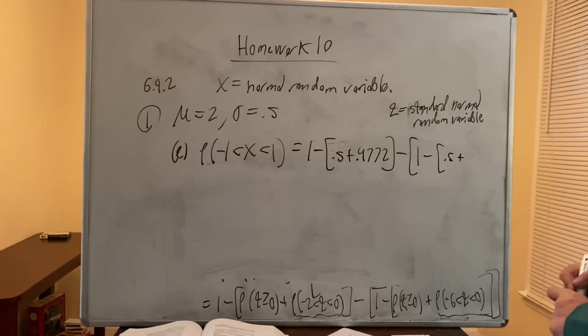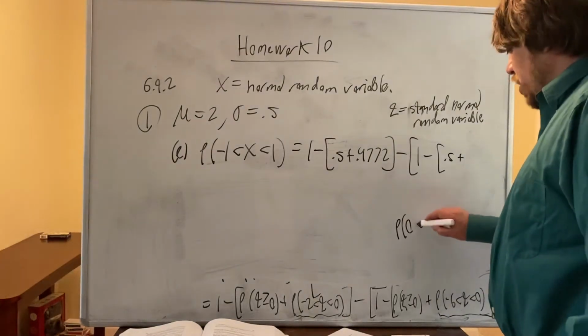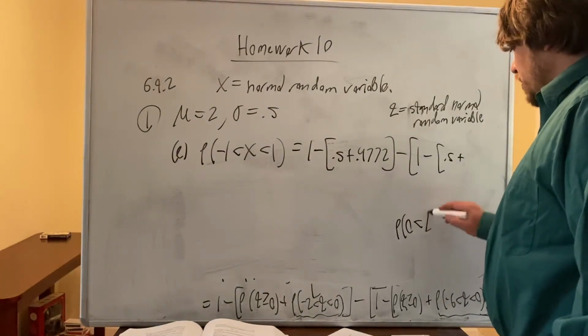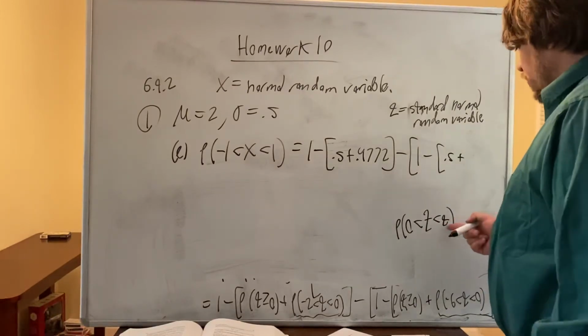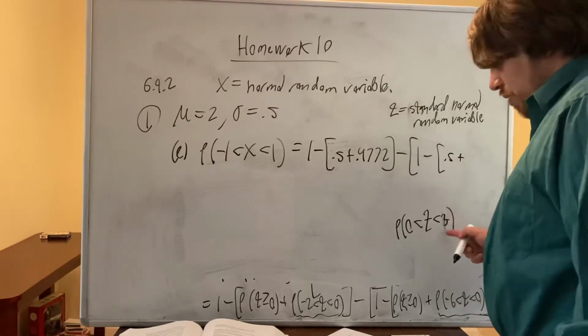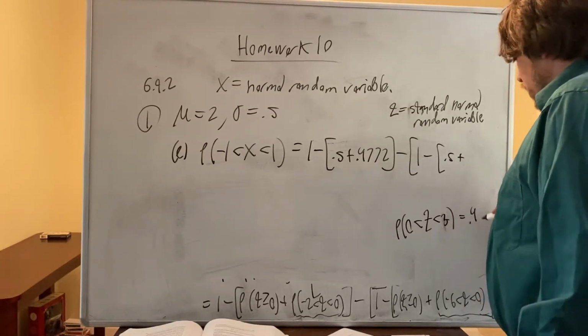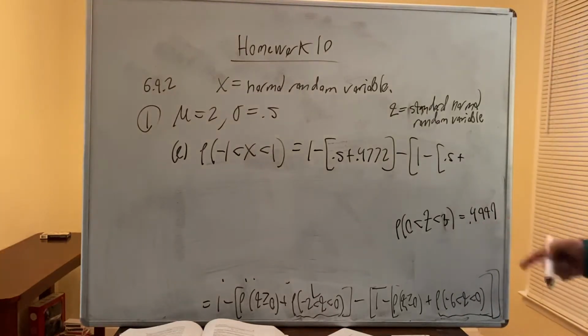Okay, so if you look in the table, the probability that 0 is less than capital Z less than little z, when that's 3, is 0.4999. It's almost a half there.